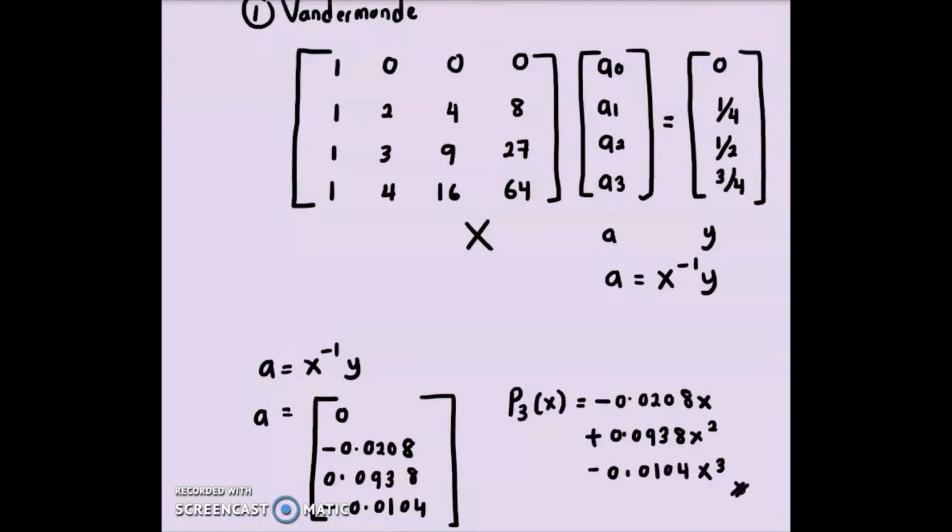So this is my polynomial using the Vandermonde approach.